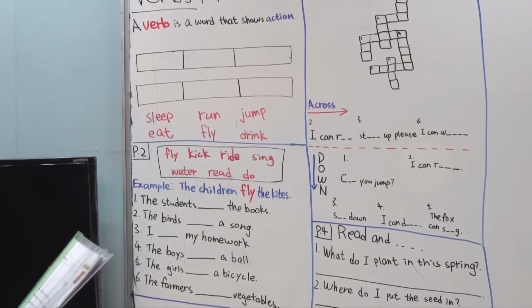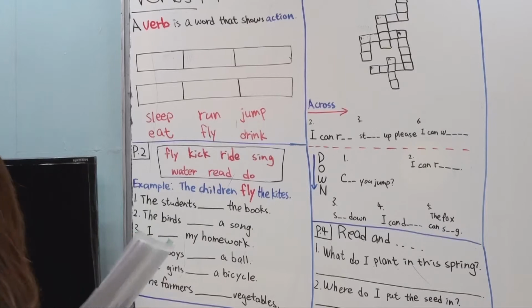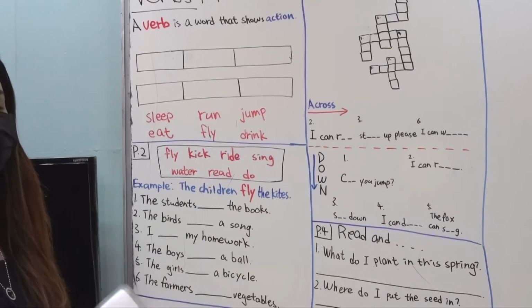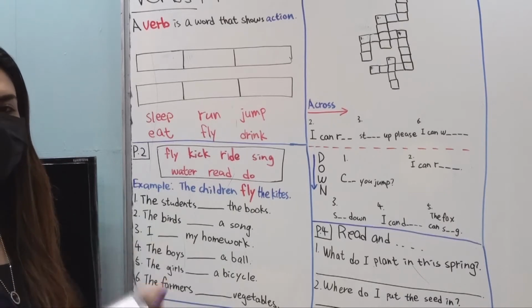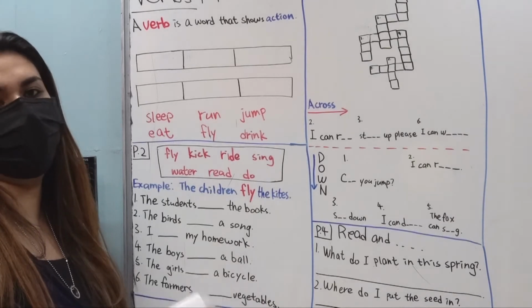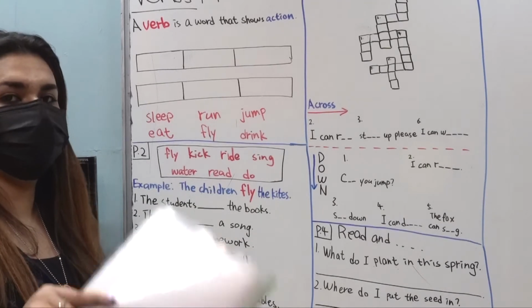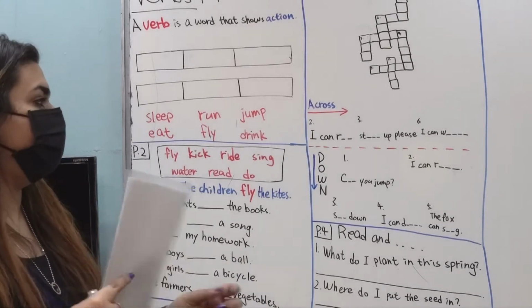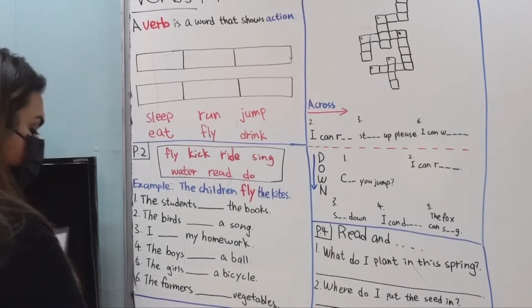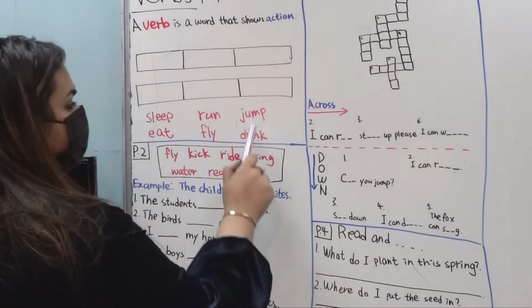What is the girl doing? As you can see, she is rope skipping, right? But what action does a person do when he or she rope skips? He or she can jump, right? So the best answer for this picture is jump.